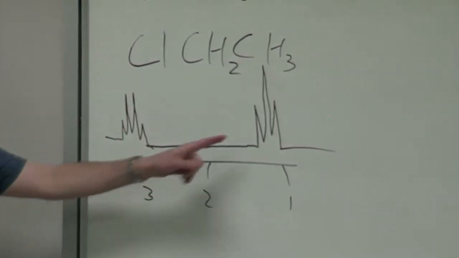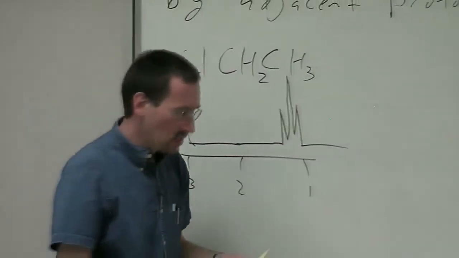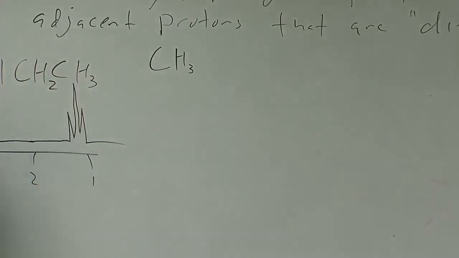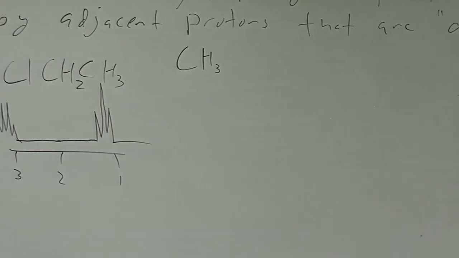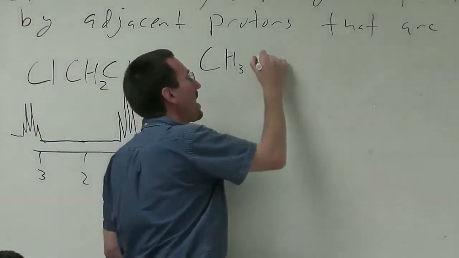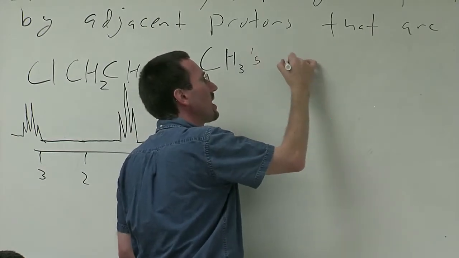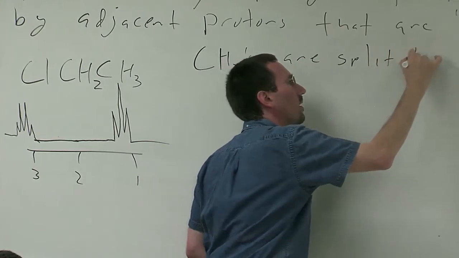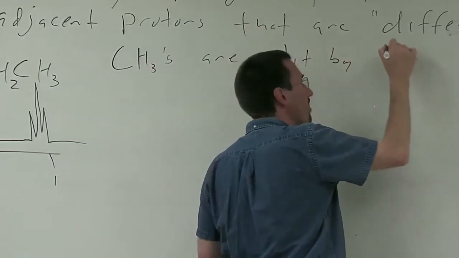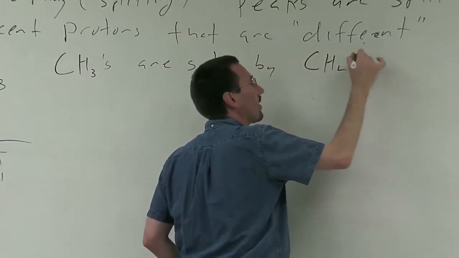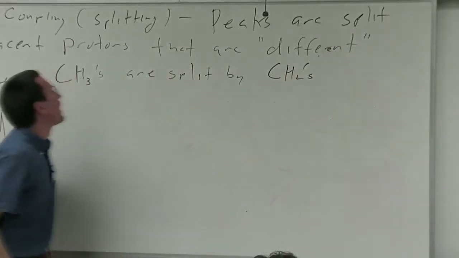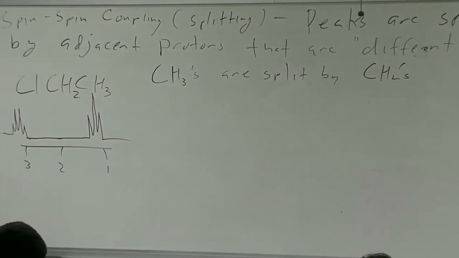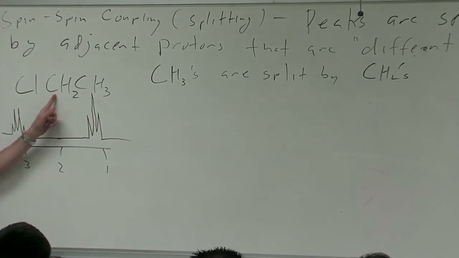The triplet comes, of course, from the CH3. And I can say that in this particular example, CH3s are split by the adjacent CH2s. And let's talk about the CH2s.